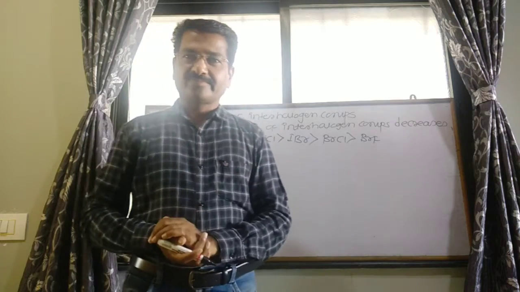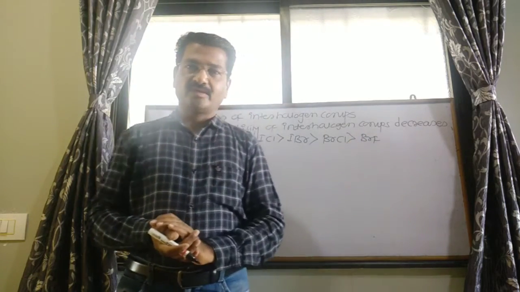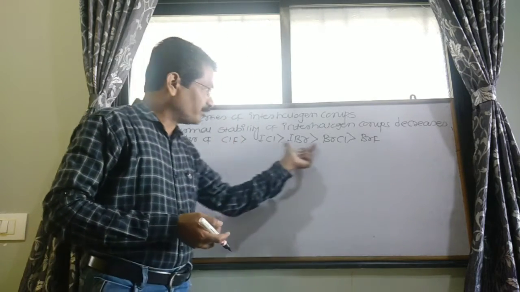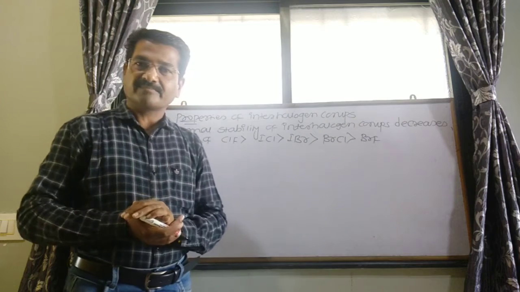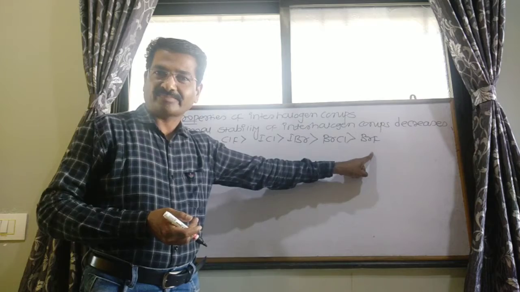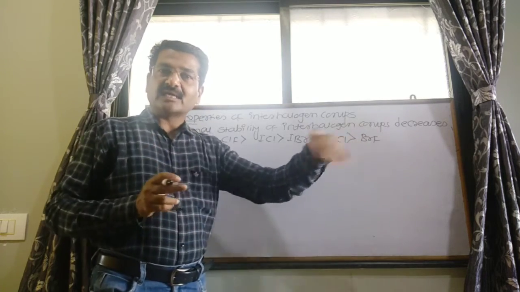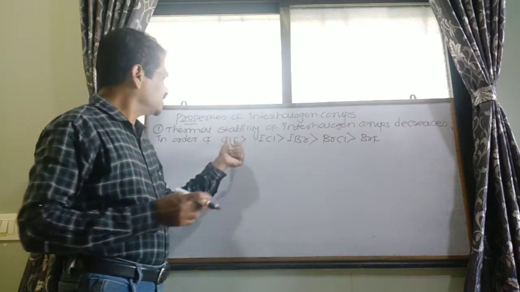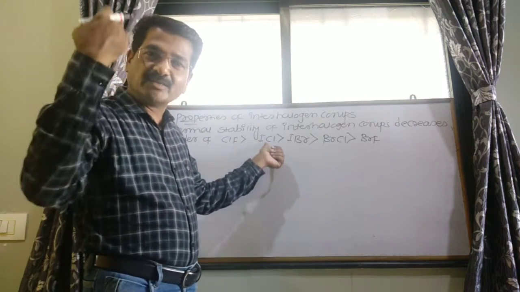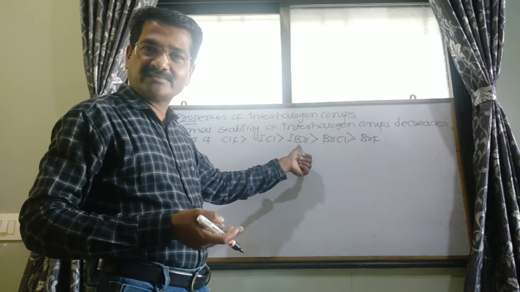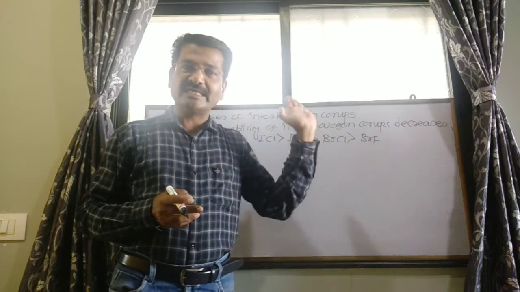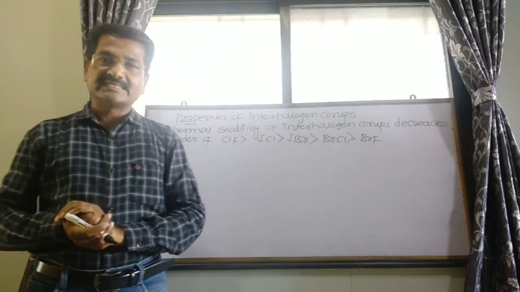See again, the thermal stability depends upon the temperature. Whenever these compounds are heated, their stability decreases in this order. It means chlorine fluoride is thermally more stable than iodine chloride, and iodine chloride is more stable than the iodine bromide, bromine chloride or bromine fluoride. So this is the decreasing order of thermal stability.